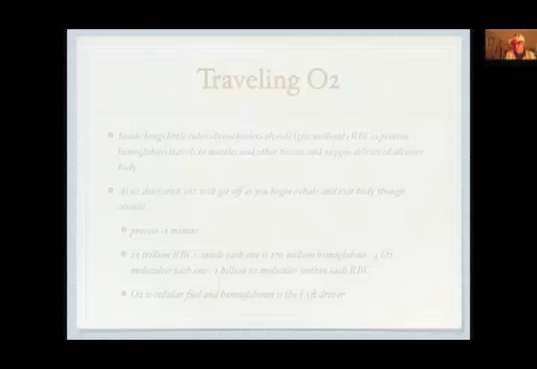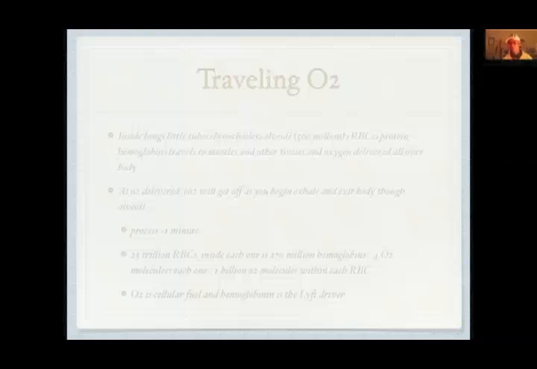Those feed into the red blood cells, which feed into the protein called hemoglobin, which travels to the muscles and the other tissues, and oxygen is delivered all over the body that way. As oxygen is delivered, carbon dioxide will get off as you begin to exhale and exit the body through the alveoli. And this process takes only about a minute.